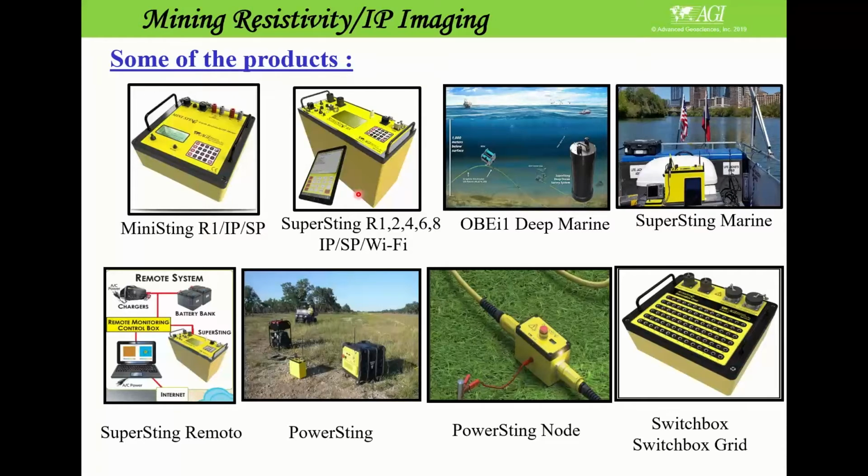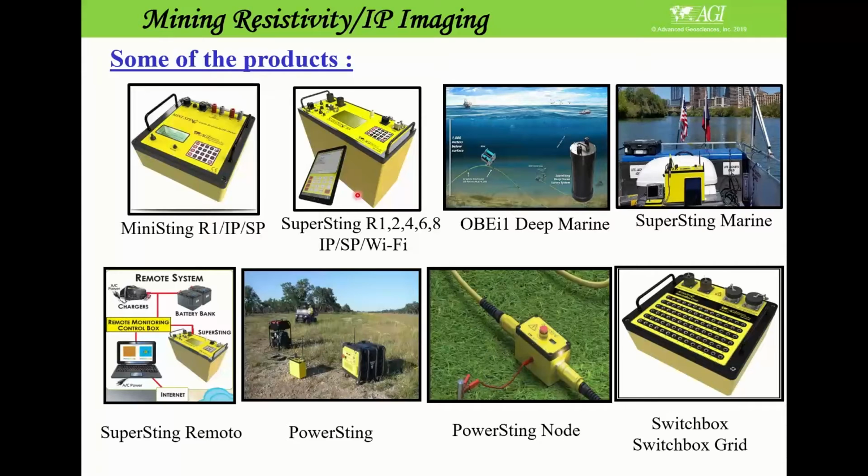I'm sure some of you cannot believe that a single box of 100 to 200 watts is sufficient for metallic mining investigation, but that is not correct. You can still use this kind of instrument for metallic mining investigation and get very good results. I'll demonstrate some field examples later, and how to improve the measurement.